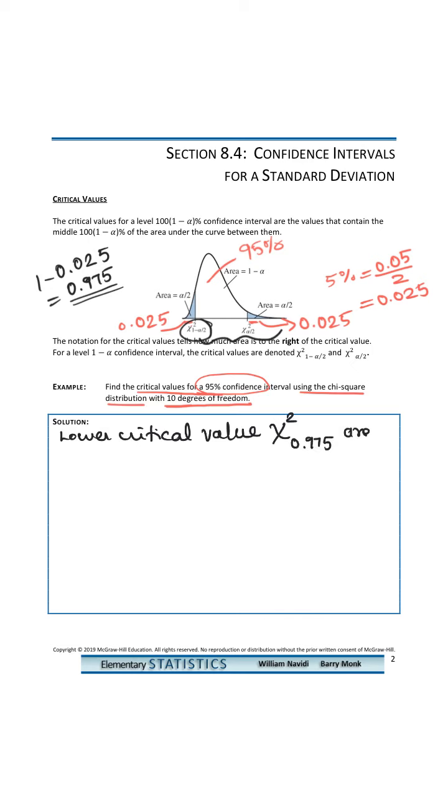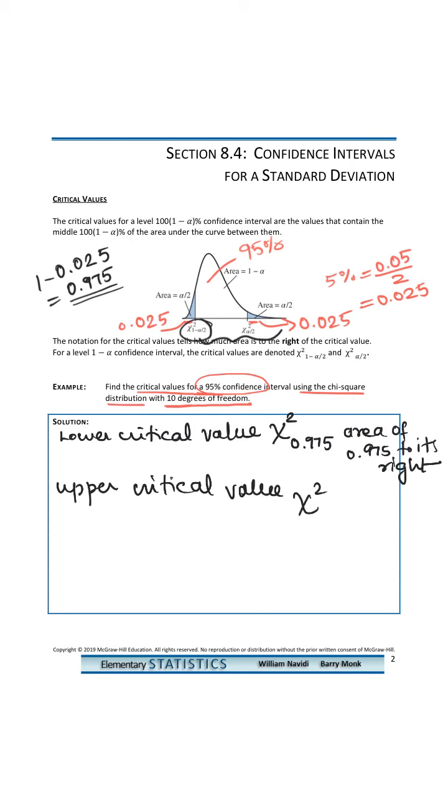It has an area of 0.975 to its right. And the upper critical value, that is this one, has only 0.025 to its right. So chi-square 0.025 has an area of 0.025 to its right.